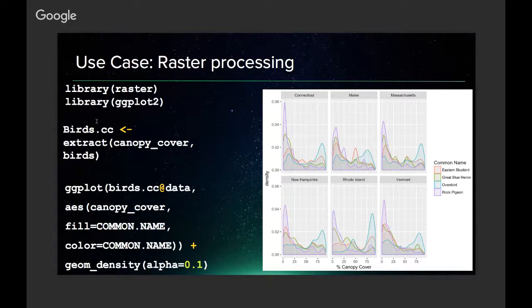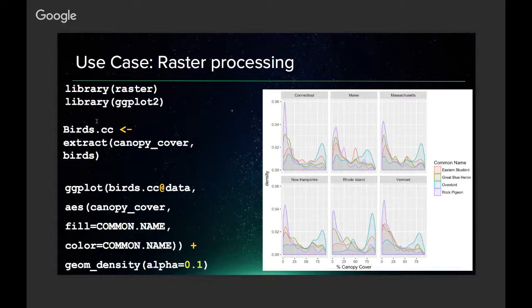It's the same thing as extract values to points in ArcGIS. My new table has another column on it for canopy cover, and then I can start to do some neat graphs like these density plots, and you can see that the ovenbirds sort of prefer a higher canopy cover than pigeons, for example, which is very good because if that did not show up, I don't know what I would say about this.